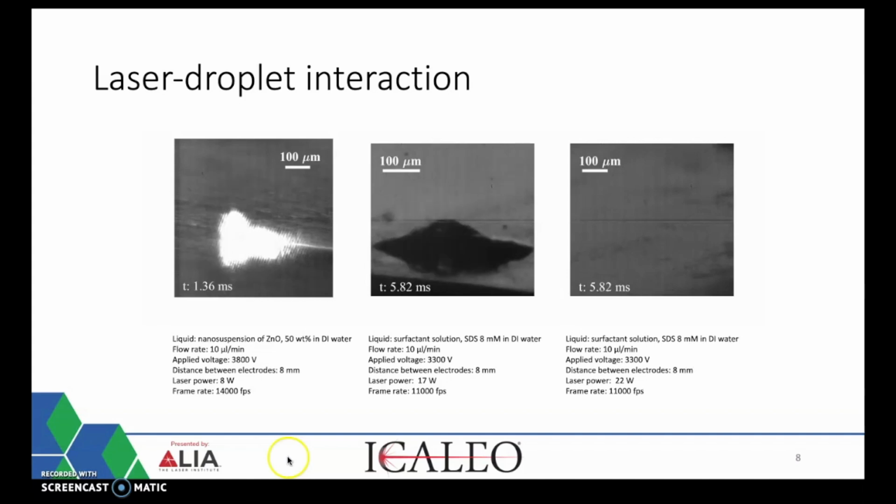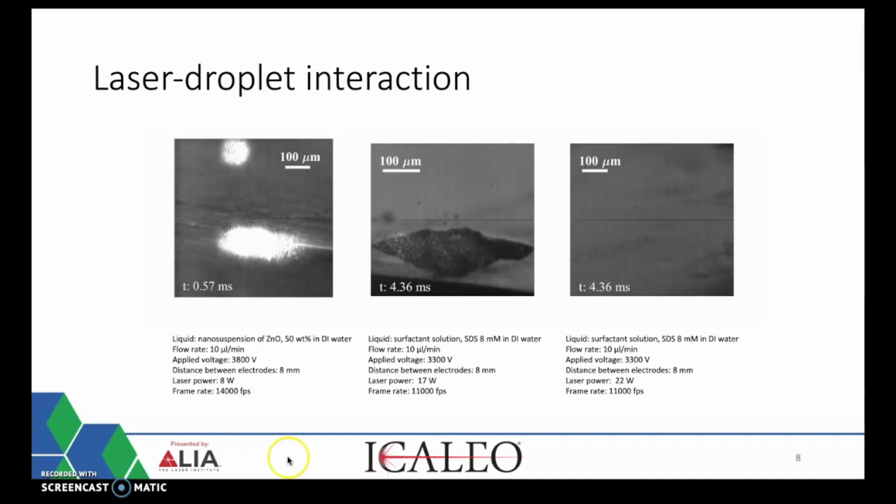And finally, if we look at the animation on the right, we see the bouncing of a droplet on the surface. The surface is a silicon substrate that is being heated in such a way that the temperature of the surface is 137 degrees Celsius, and this happens for a laser power of 22 watts.